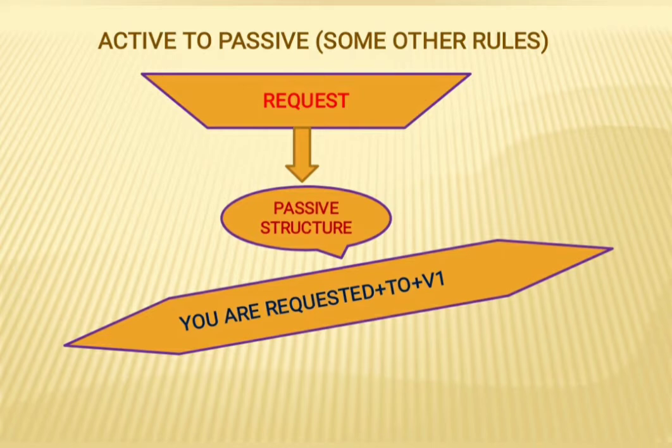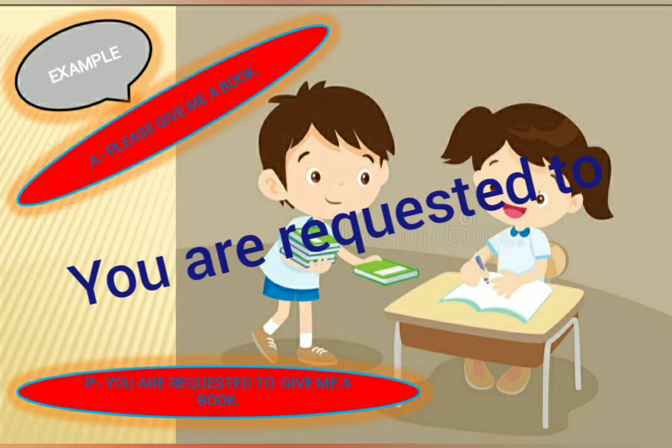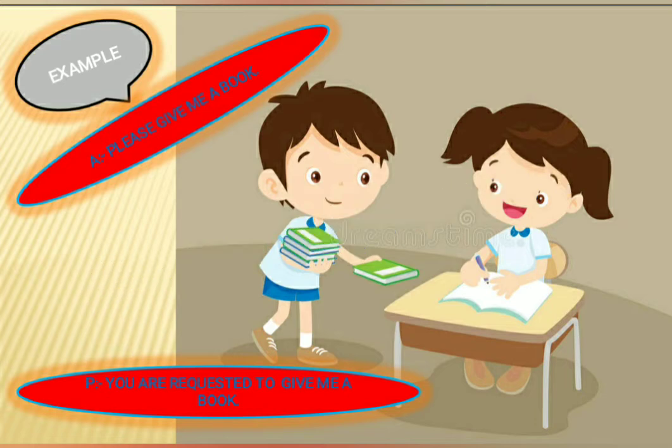And while converting from active to passive voice, you will follow this structure. You are requested to plus first form of the verb. Let's understand it with the help of an example. If in active voice it is written, please give me a book, while converting into passive voice, you will add a phrase, you are requested to, and then you will take the first form of the verb from active voice.